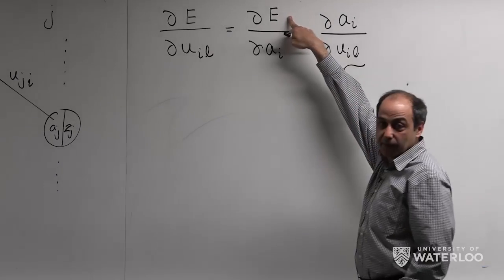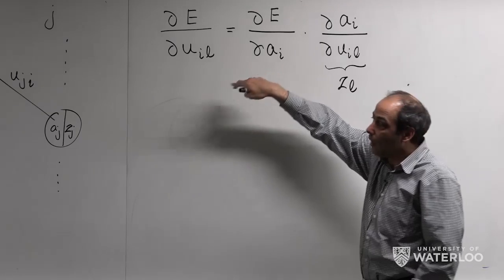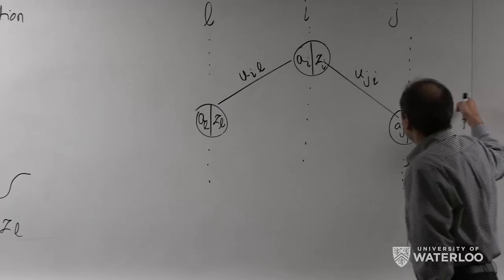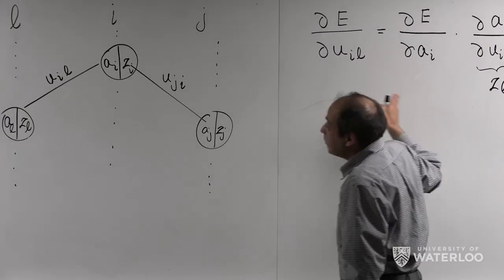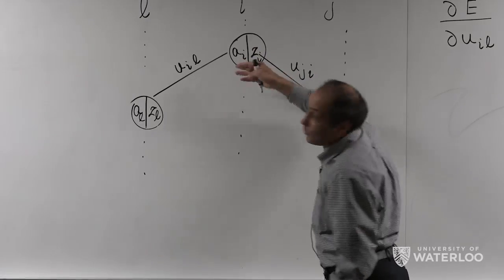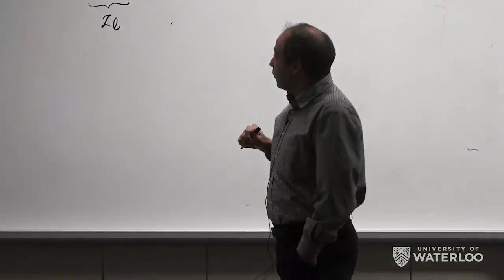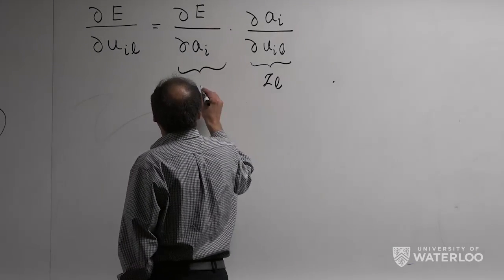What about the first part, the derivative of E with respect to AI? It's not clear what the derivative of E with respect to AI is, because there are many layers here, and I'm taking the derivative of the output cost function with respect to one of the nodes, which could be pretty far from the output. So it's not quite clear what this value is.